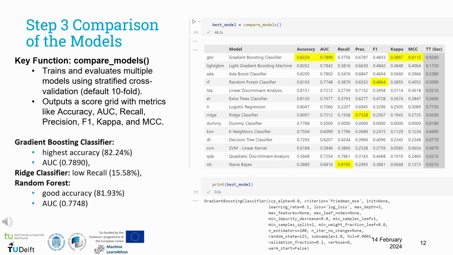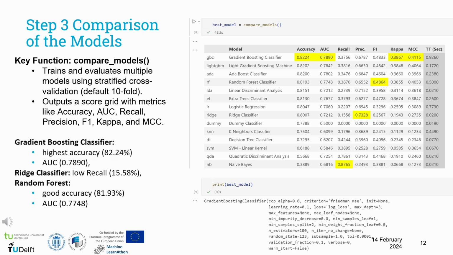With the environment now fully set up, the next step is to compare various machine learning models. PyCaret allows us to do this efficiently through the compare models function. This key function automatically trains and evaluates a suite of models using stratified 10-fold cross-validation. The result is a comprehensive score grid that displays key evaluation metrics for each model.